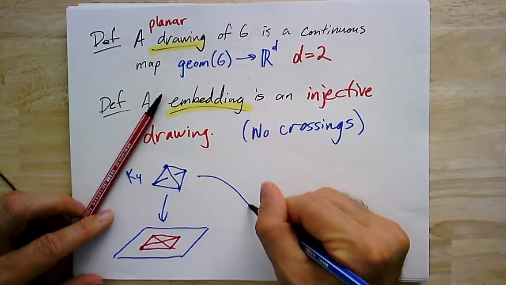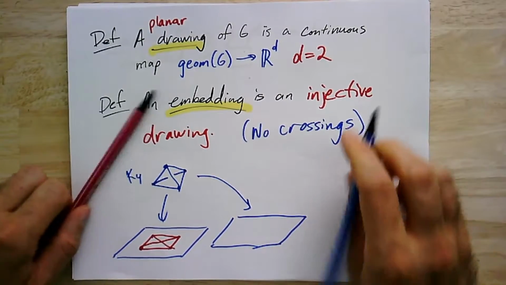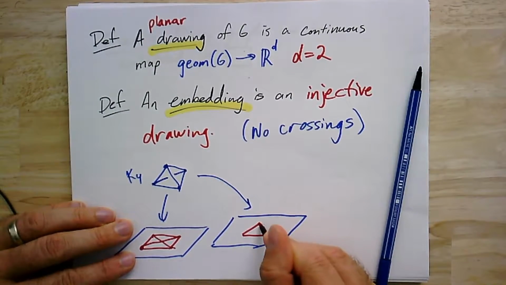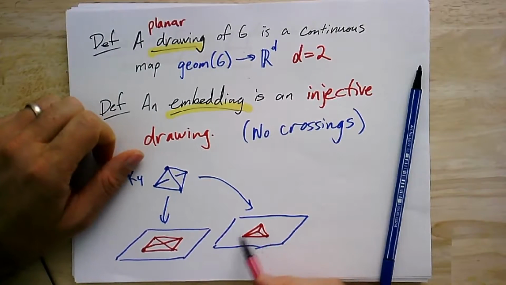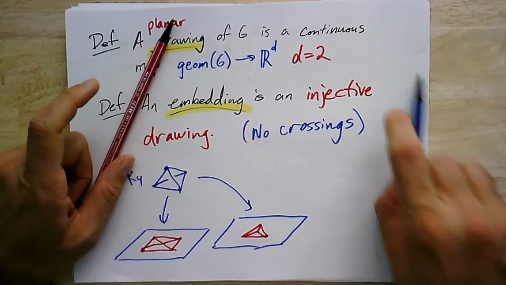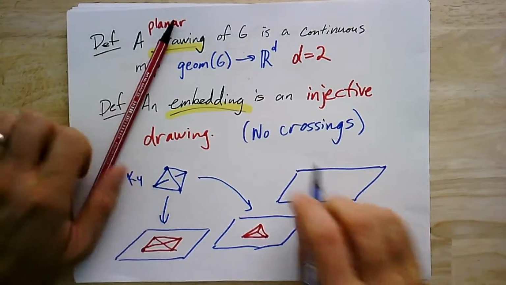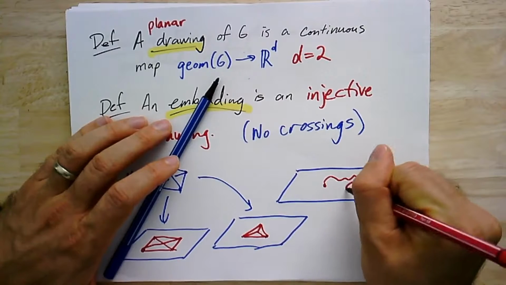And I might have another embedding, say over here, which does not have a crossing. And this one might also be linear, in fact, like another linear map, keeping straight lines straight. But you can have other ones which are not so linear, but still continuous. So a nice third case might be something that looks really weird.